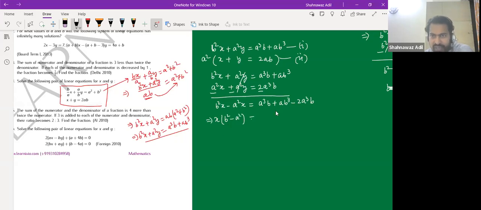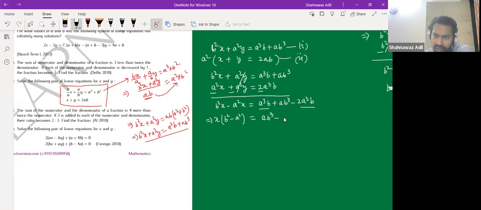And in here, what is simplifying? So these are like terms, right? So this would be ab cube minus of what? What is a cube b minus 2a cube b? a cube b with a minus sign, right?